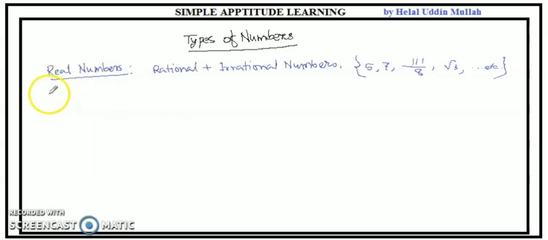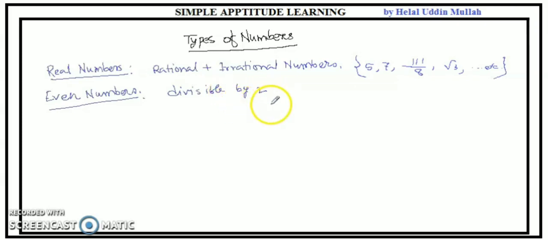We have types of number known as even numbers. Even numbers are those numbers which are divisible by 2. For example, 2, 4, 6, 8, and all these even numbers. Next is odd numbers.